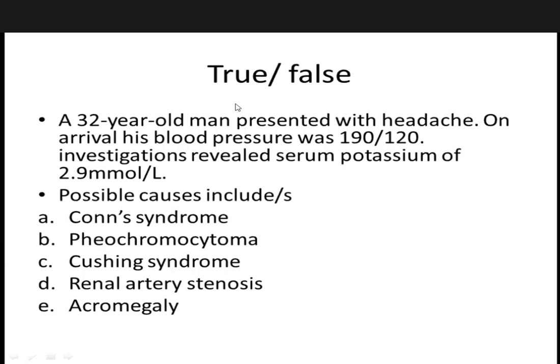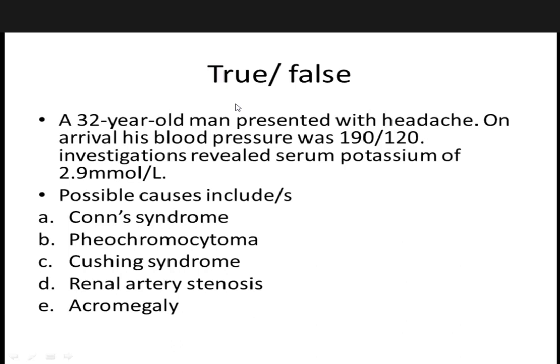On admission, pulse rate is around 100. Blood pressure in supine position is 100 over 70. On standing, blood pressure is 70 over 50. The rest of the examination is normal, coming with weakness and dizziness.